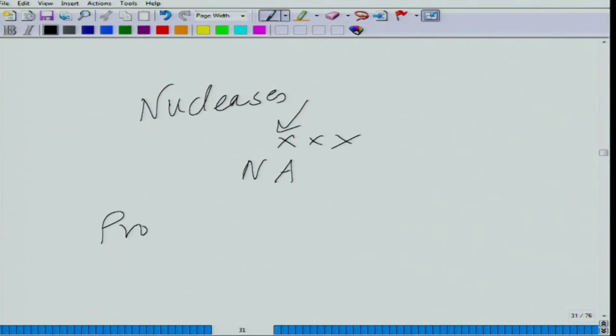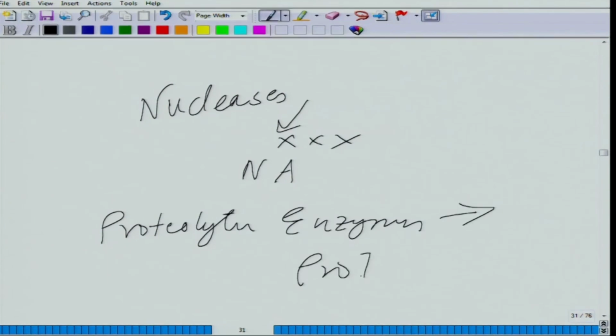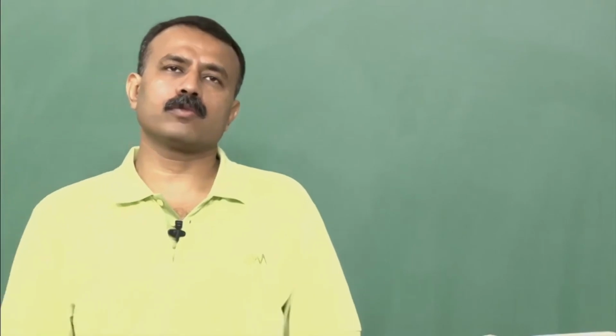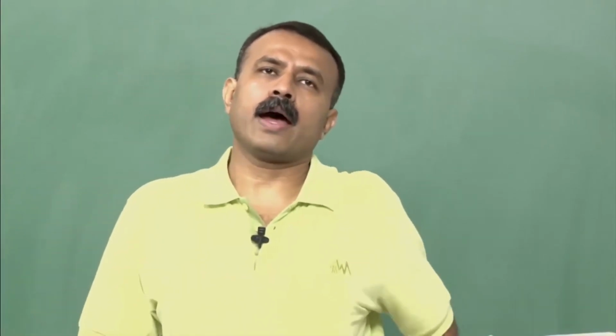Then you have proteolytic enzymes, which is taking care of all the proteins and peptides, breaking down all the proteins and peptides. So, if you look at the pancreas, I have given you at least 4 different enzymes which take care of the fats, lipids, carbohydrates, proteins and the nucleic acid.